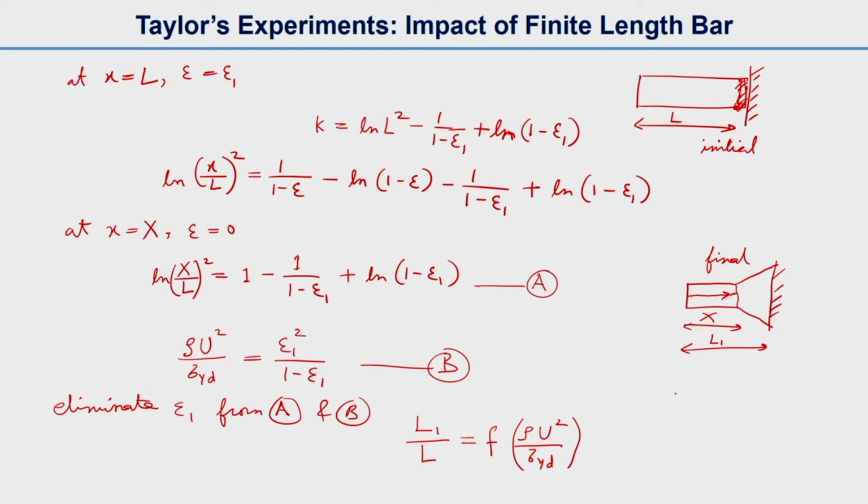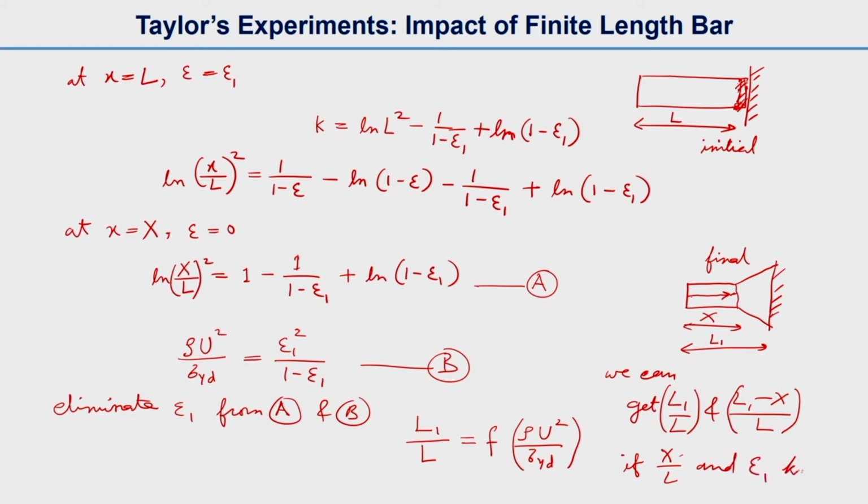So we can get both L1 by L and L1 minus x divided by L. These can be obtained if x by L and epsilon 1 are known.